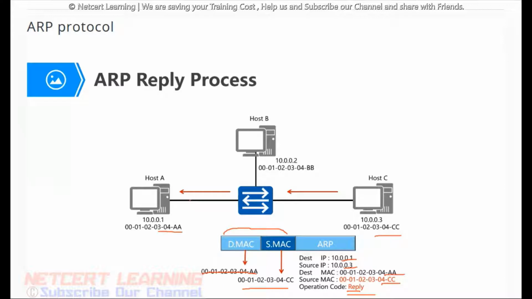Then host A will receive it, see the MAC address is itself, and accept it. Then it sees this is an ARP reply, will accept it, and get the information: the IP address is a pair with the MAC address.